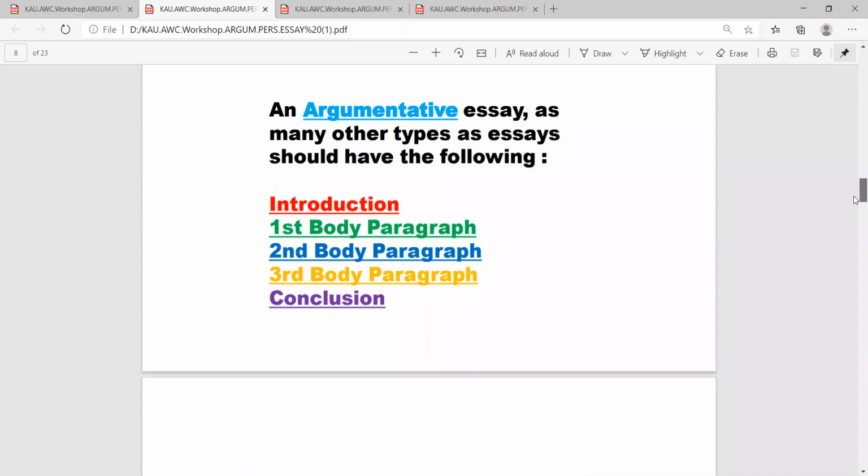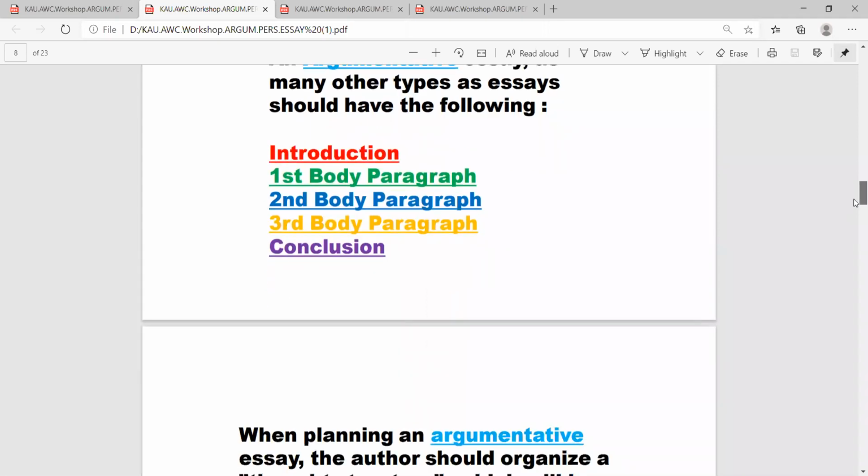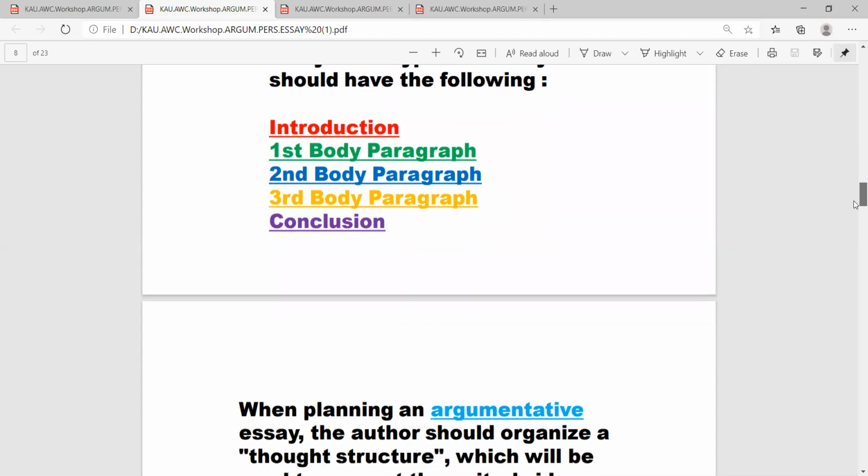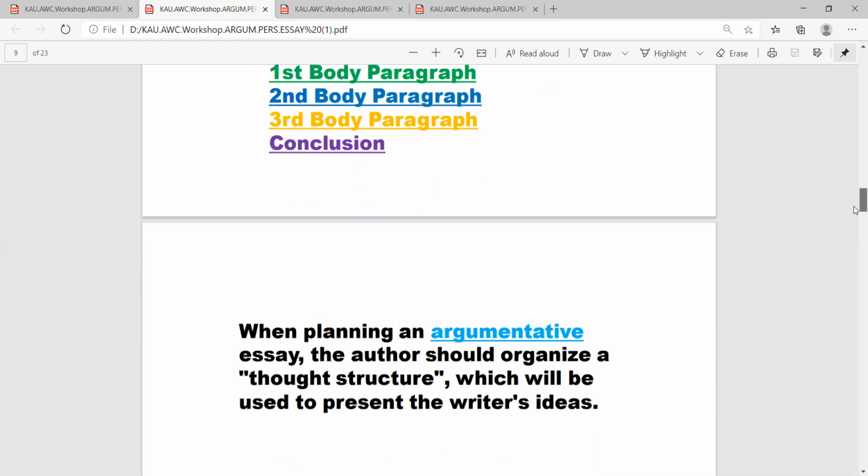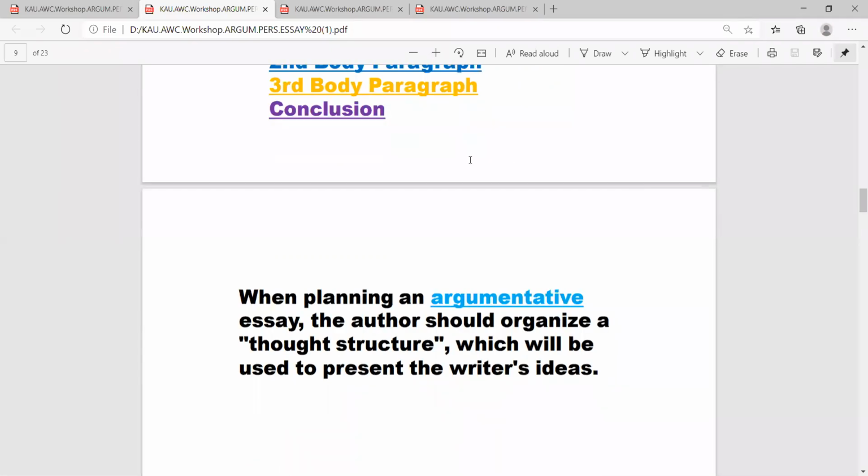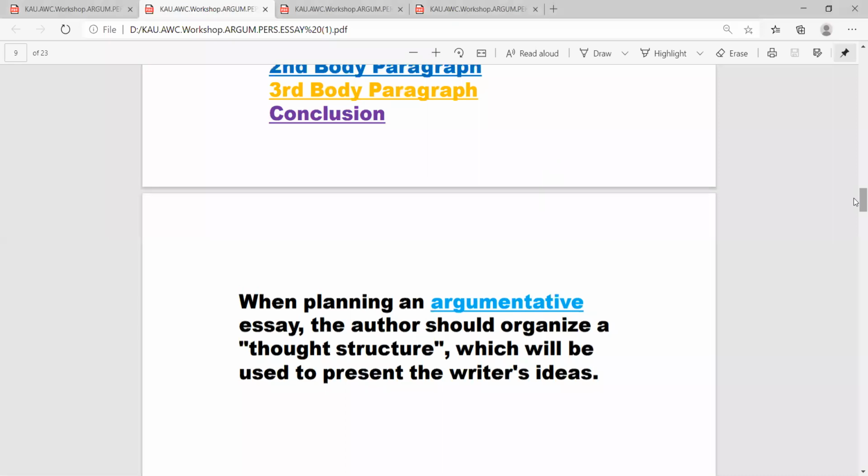Again, introduction, first body paragraph, second body paragraph, third, and the conclusion. And the conclusion, again, is repeating your position and repeating the points that you've made in the introductory paragraph, as long as you also reinforce those ideas as you did in the body paragraphs.